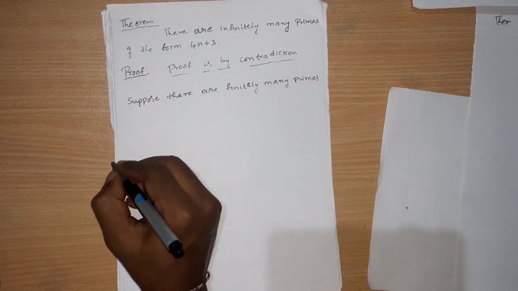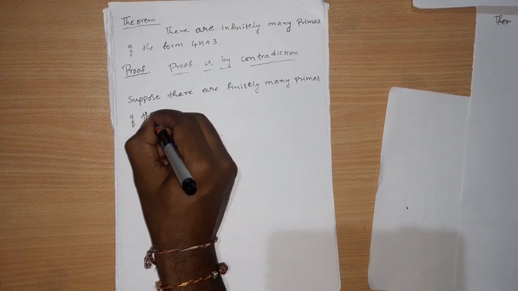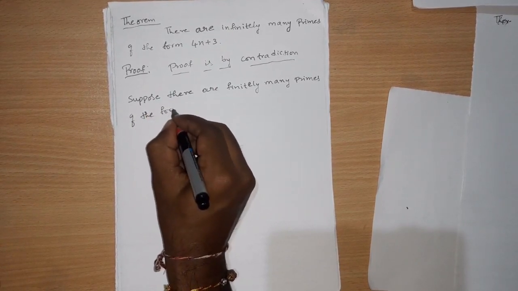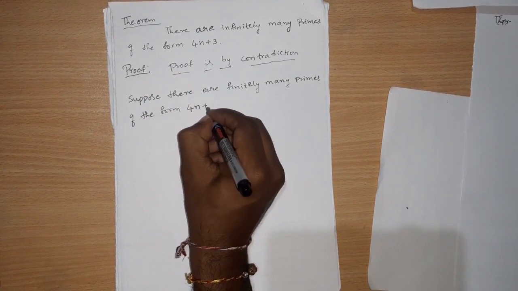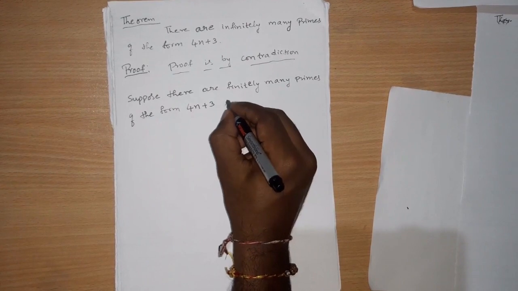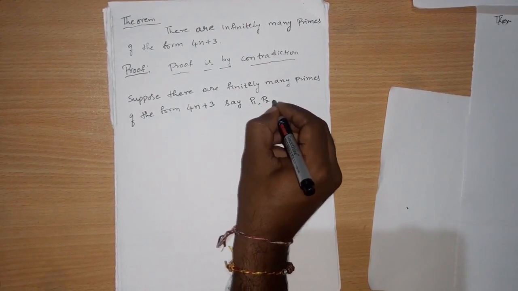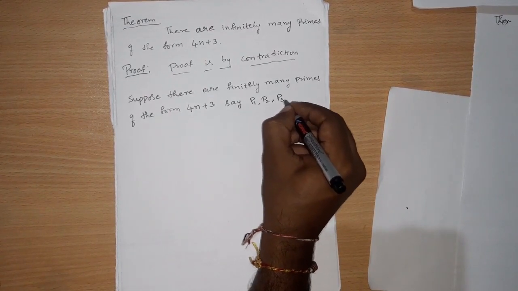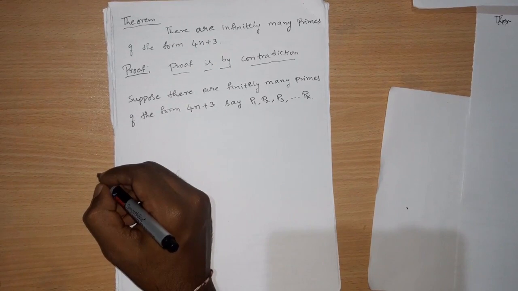Finitely many primes of the form 4n plus 3. Say p1, p2, p3, and so on up to pk.